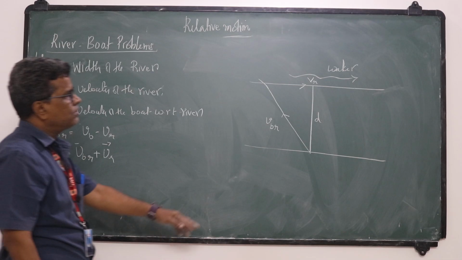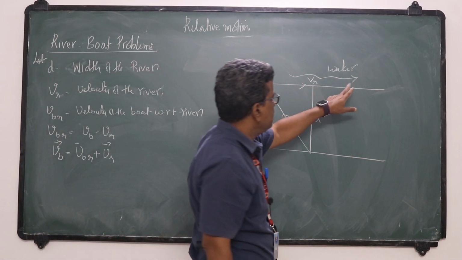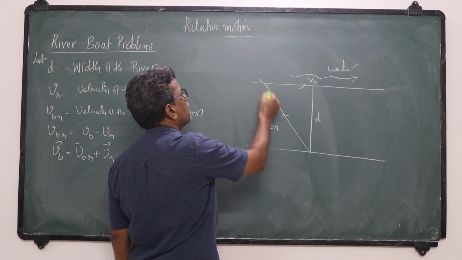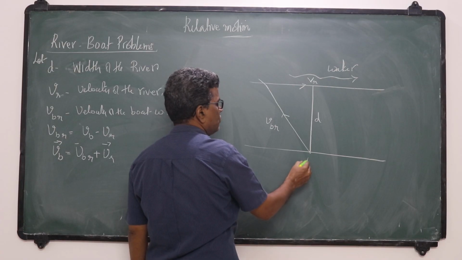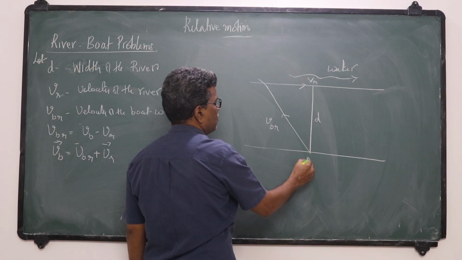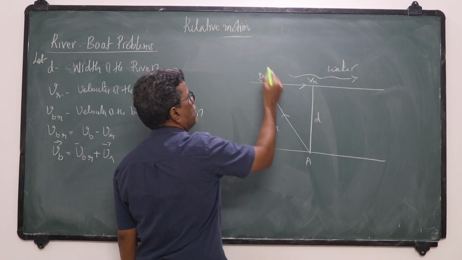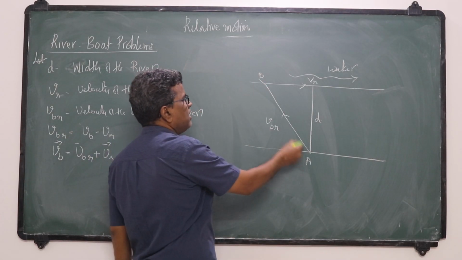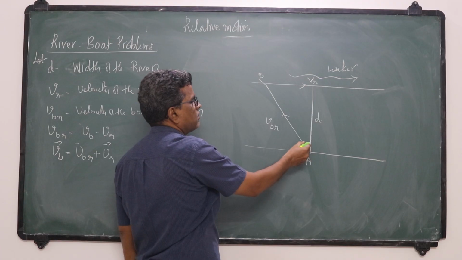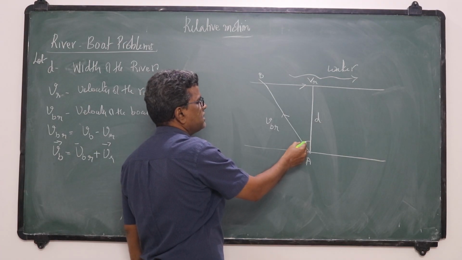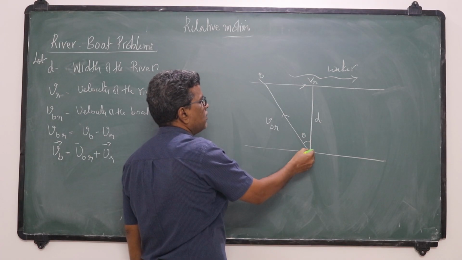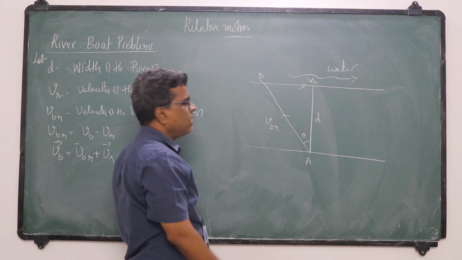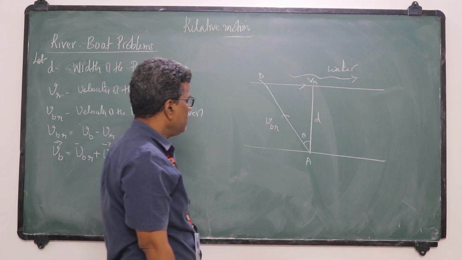If I take VR in this direction, let us assume AB is the direction in which the boat is rowed with respect to the river. Let it make an angle theta with the normal to the river. I assume like this.